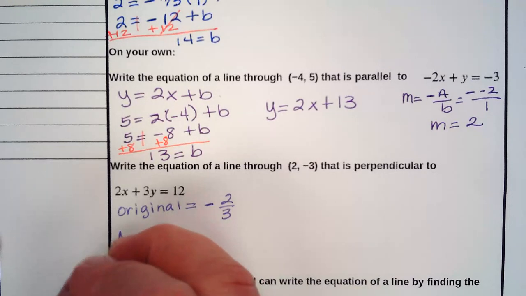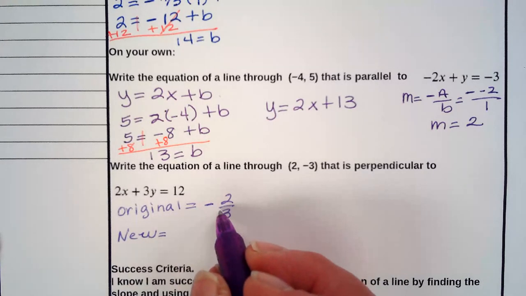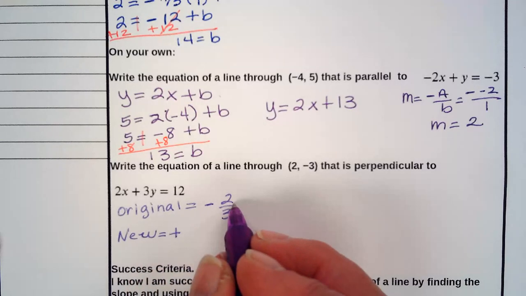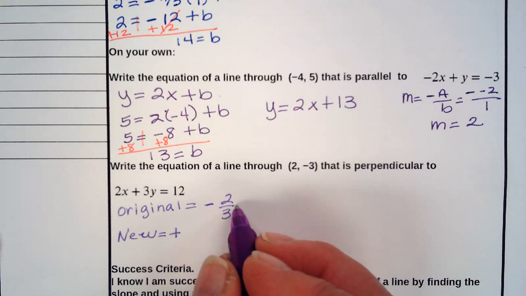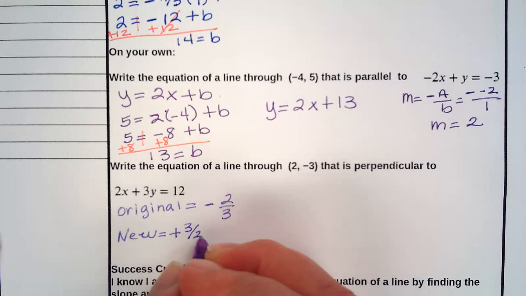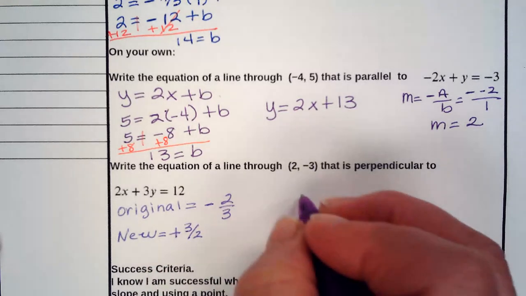So my new slope, okay, what is the opposite of a negative number? Positive. What is the reciprocal of 2/3? 3/2. Now we're ready to write it in our equation.